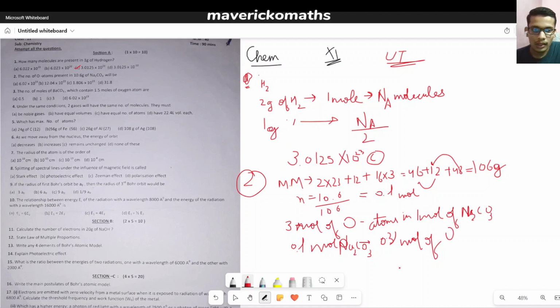And what is 0.3 mole of oxygen atoms equal to? Simply multiply 0.3 by 6.022 multiplied by 10 to the power 23, which will be equal to 3 multiplied by 6.022, that is 18.022, multiplied by 10 to the power 22, which will be equal to 1.8022 multiplied by 10 to the power 23.